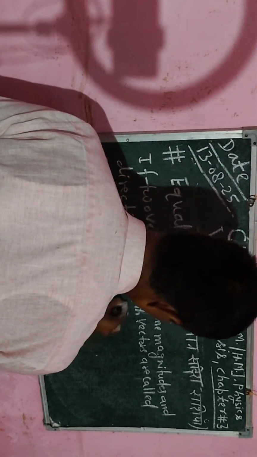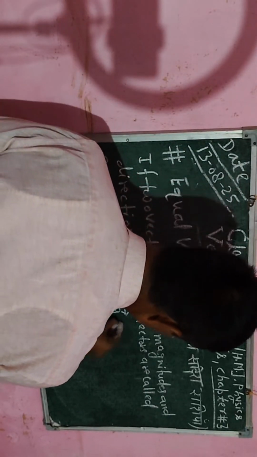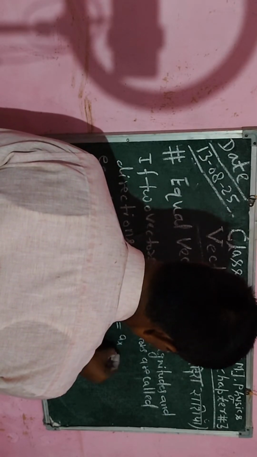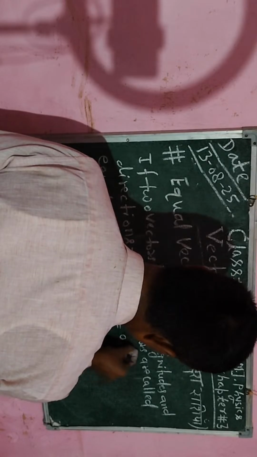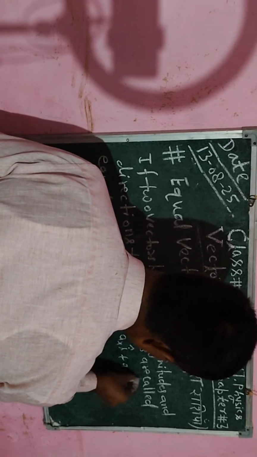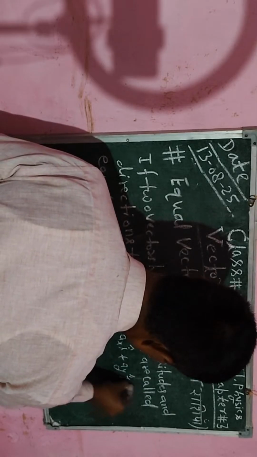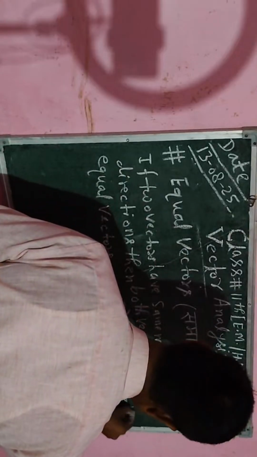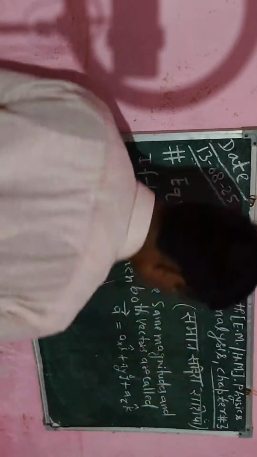Now here I am considering the vector A. Its value is ax i cap plus ay j cap plus az k cap.